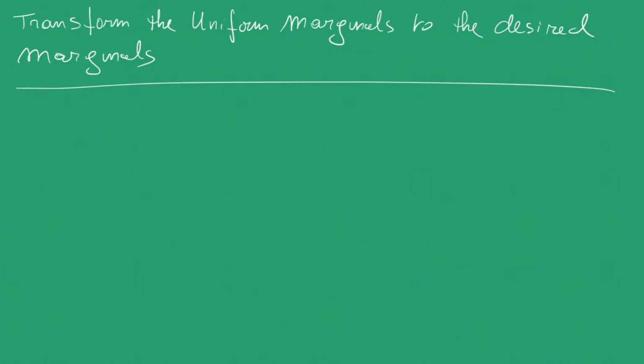In the previous step, we started with the random vector y1, y2, then we removed the marginals by putting them equal to uniform marginals, but we kept the copula Cy. So we get rid of the marginals, we just take the copula. Then in this next step, we will transform the uniforms to the marginals that we actually want.